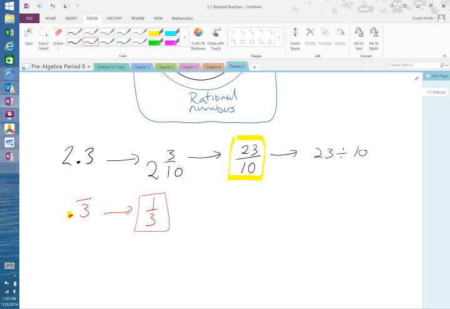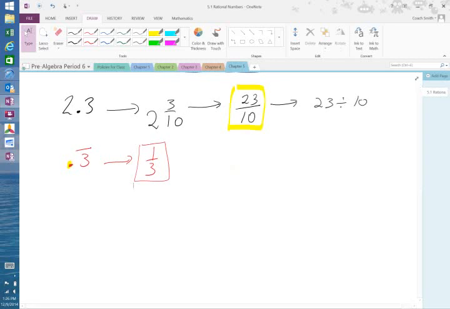Okay. Terminating decimal numbers, like I did with the 2.3, but I'll do another one, 0.7. What is 0.7 as a fraction? Really? So we just take whatever number's there and we put 1 over it.